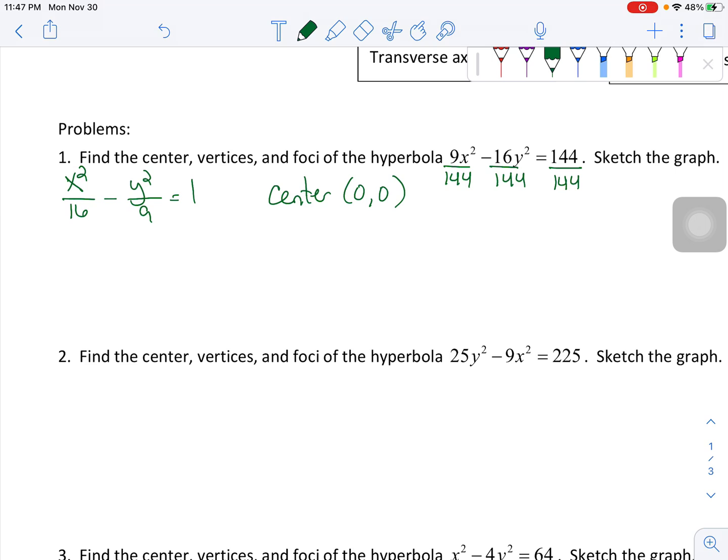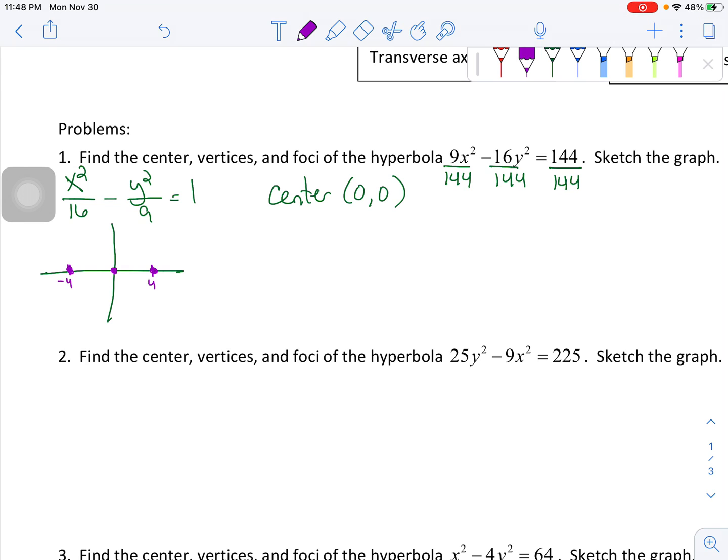The second thing I'm going to do is graph this, because it'll help me figure out the vertices and the foci. So, quick sketch here. I know my center is at (0, 0). The transverse axis is going to be horizontal because the x comes first. I'm going to count 4 units to the left and 4 units to the right, and mark that as 4 and negative 4.